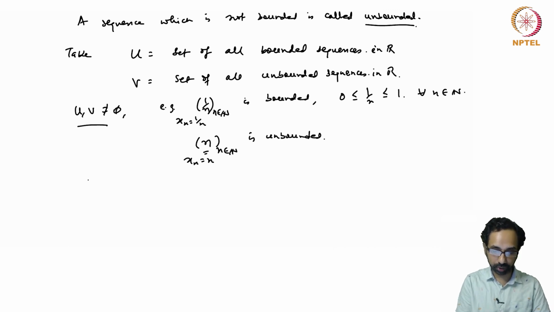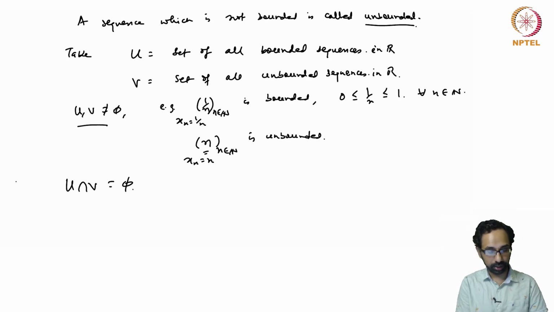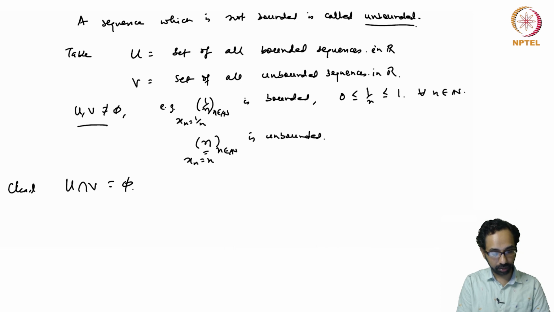And both U and V are open. So first of all, U intersection V is empty, so of course a bounded sequence cannot be unbounded and vice versa, so they are disjoint sets.